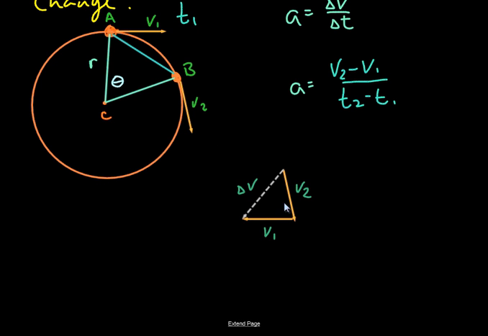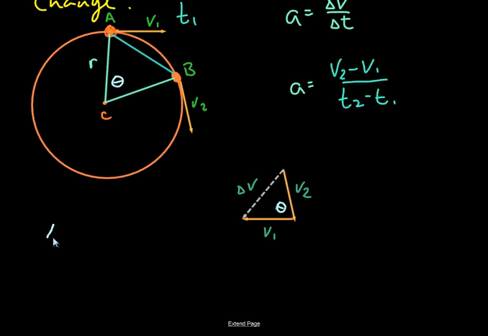Now it turns out that what you get is that this, which probably should make sense, and this become similar triangles. So what that means is we can set this up.